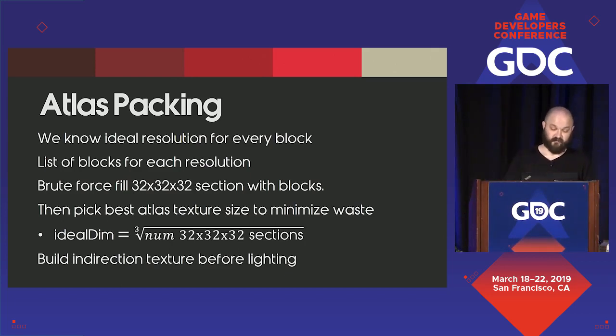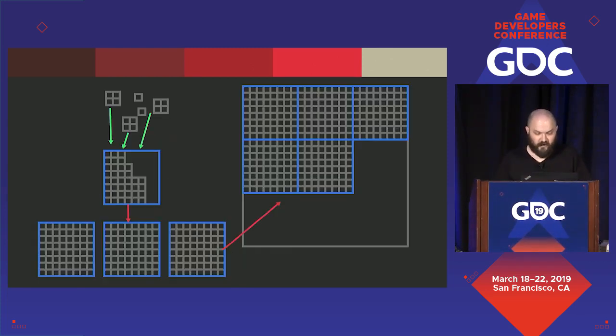Pack them as tightly as we can, so now we have a bunch of uniform 32 cube blocks, and then we just treat them like a pooled allocator and find the best size texture overall to fit them into. And there's a diagram explaining that, hopefully better than I just did.